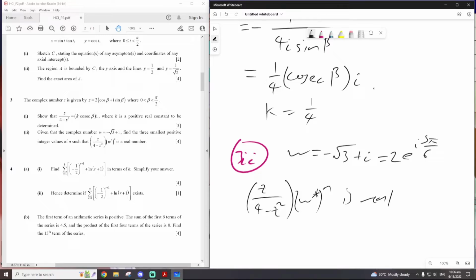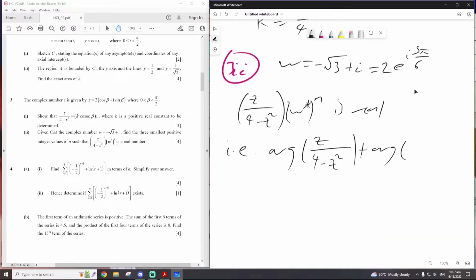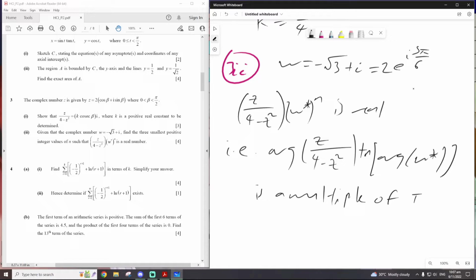Okay, so that is to say, the argument of z over 4 minus z squared plus n times the argument of w conjugate is a multiple of pi, right?